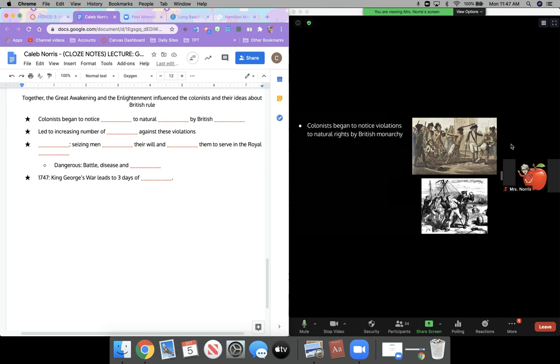So when their rights to life, liberty, and property start to become violated by the British monarchy, the colonists stop letting it go. Okay, they start to notice those things. Okay, and this is going to lead to an increasing number of rebellions against these violations.